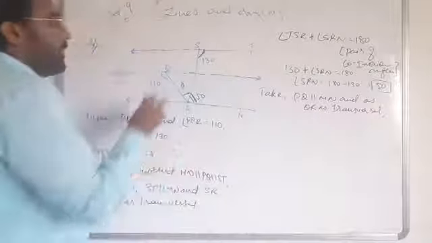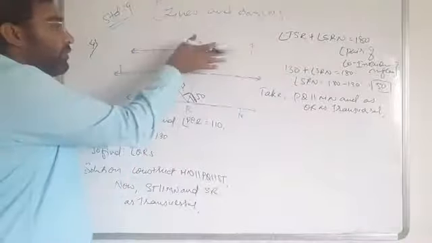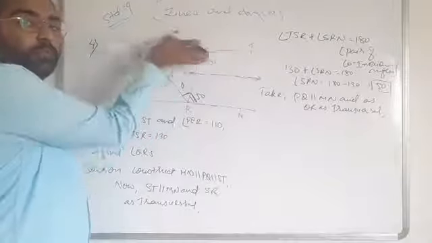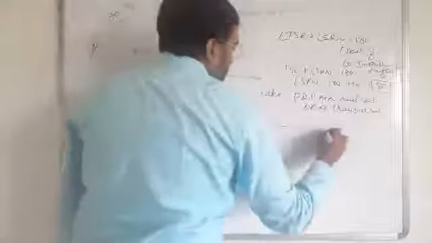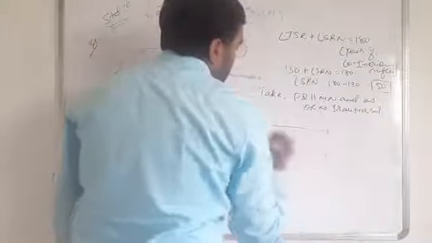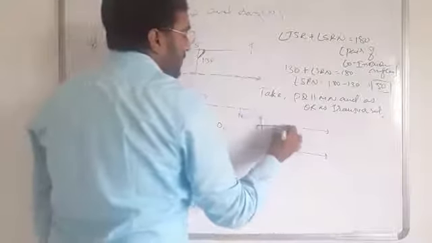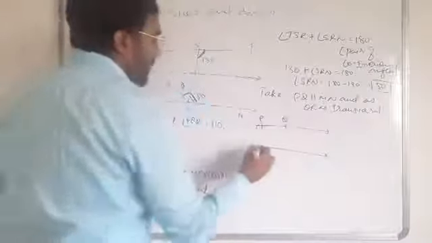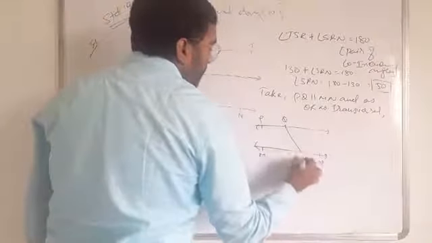So now we remove the ST part of the parallel lines. The figure formed is like this: here are P and Q, and MN and QR.